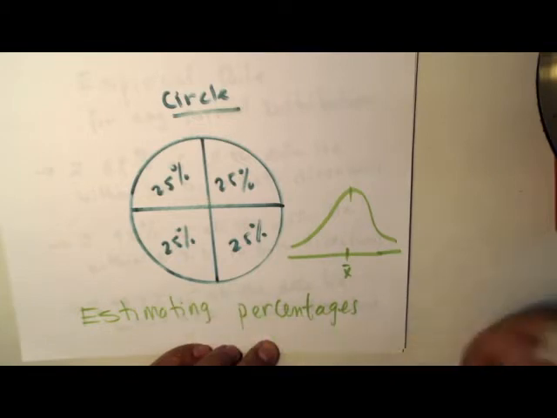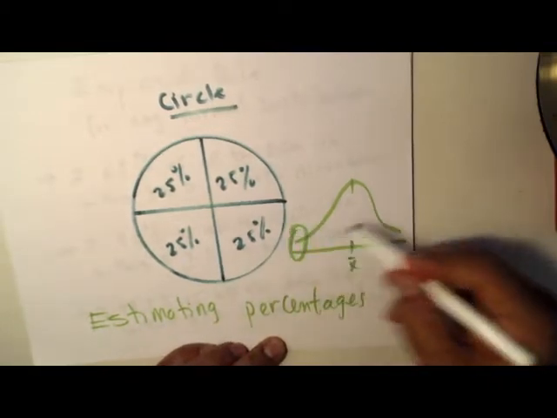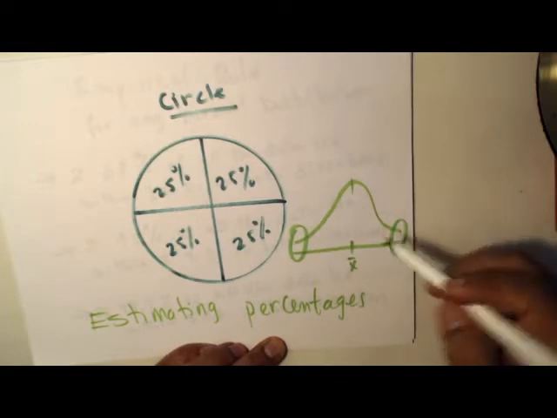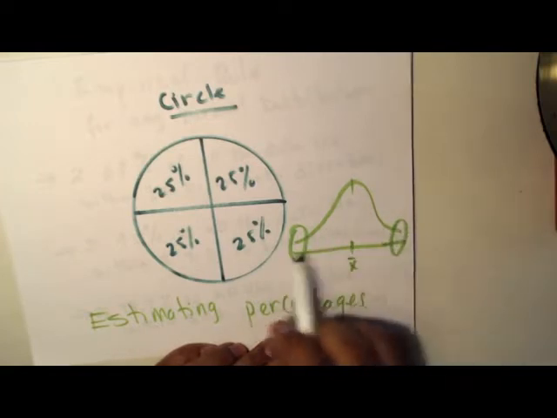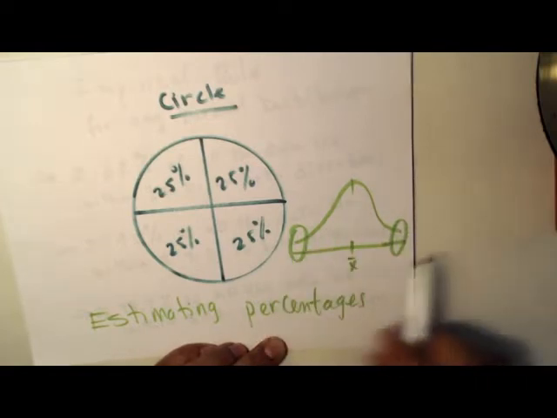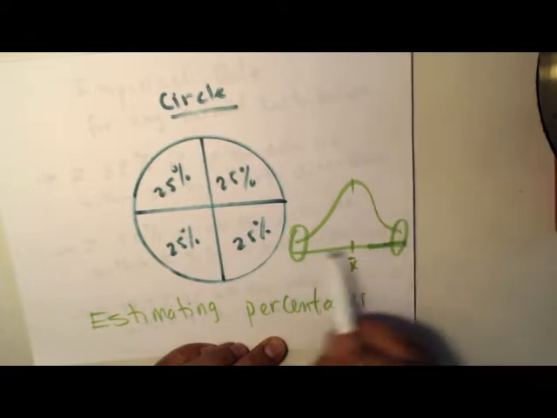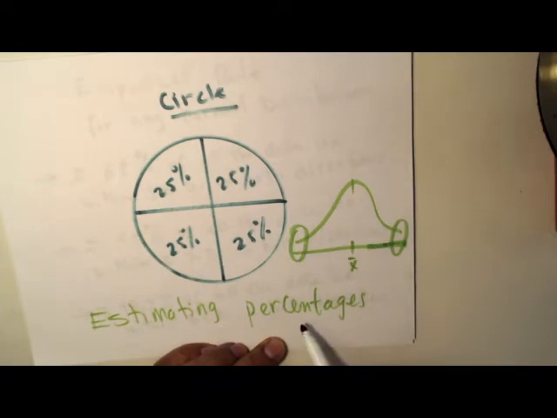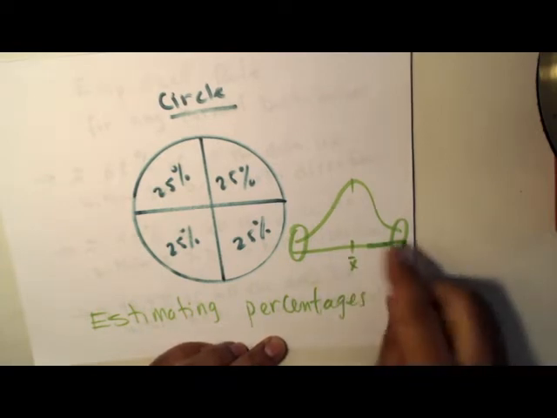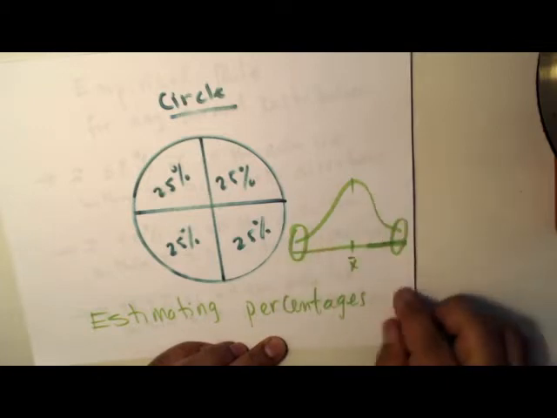They don't touch. They just continue to go like this, and they just barely come close to the horizontal line here. That's why we say that it's an approximation, because it never closes the shape.